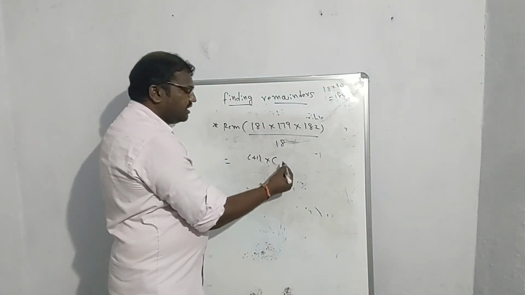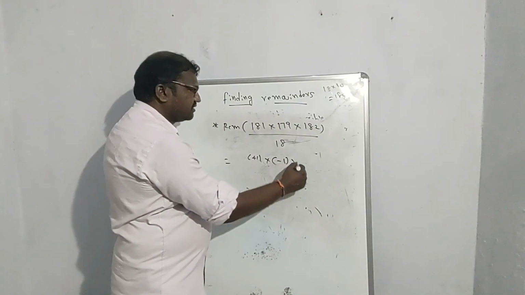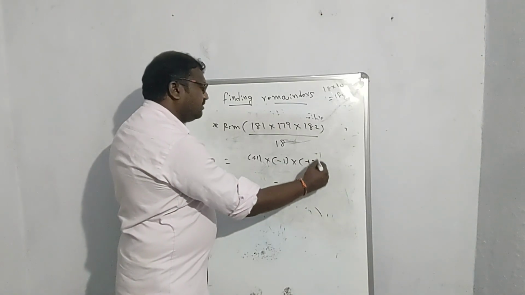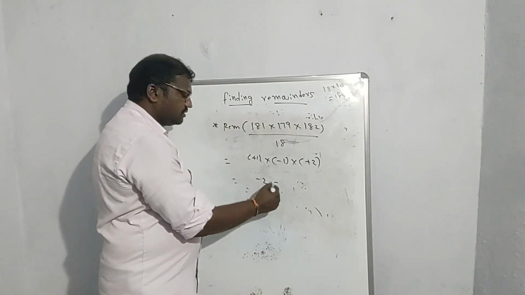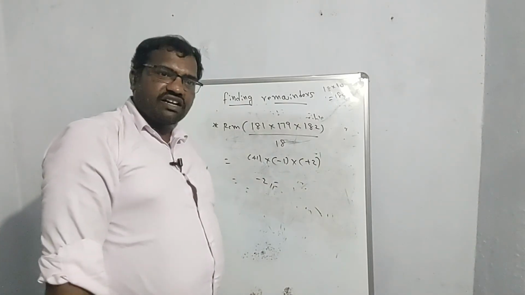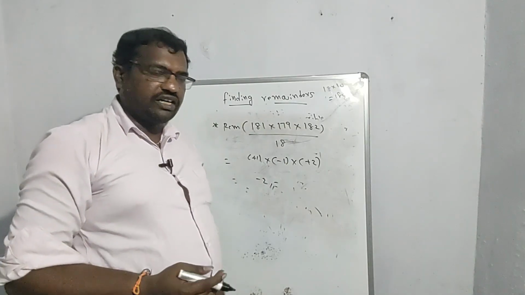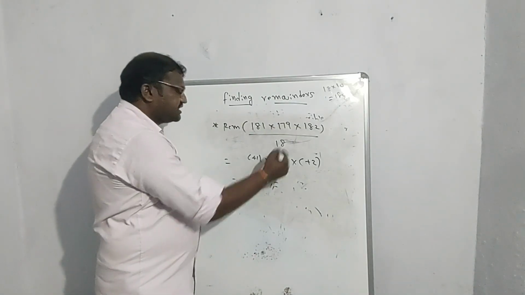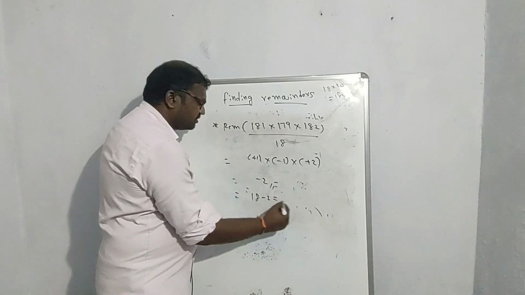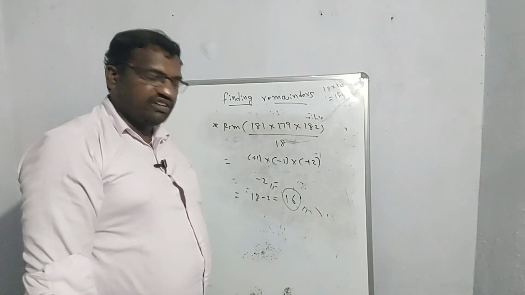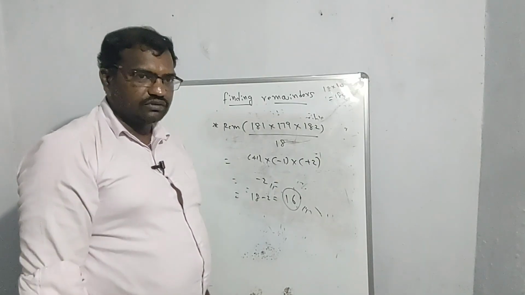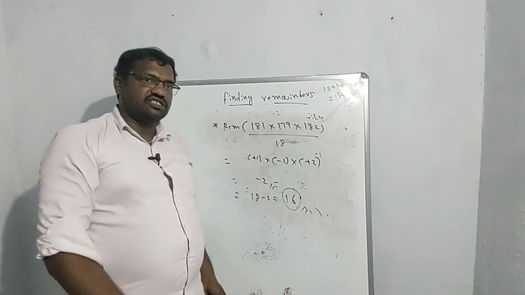The second term is less than 180, so it is minus 1. The third term is again 1 more than 180. In total, minus 1 into 2, minus 2. But we cannot consider negative values as remainders, so I have to subtract from the divisor. Your divisor is 18, 18 minus 2, 16 is your remainder. Your required value is 16. Thank you very much for visiting this topic.